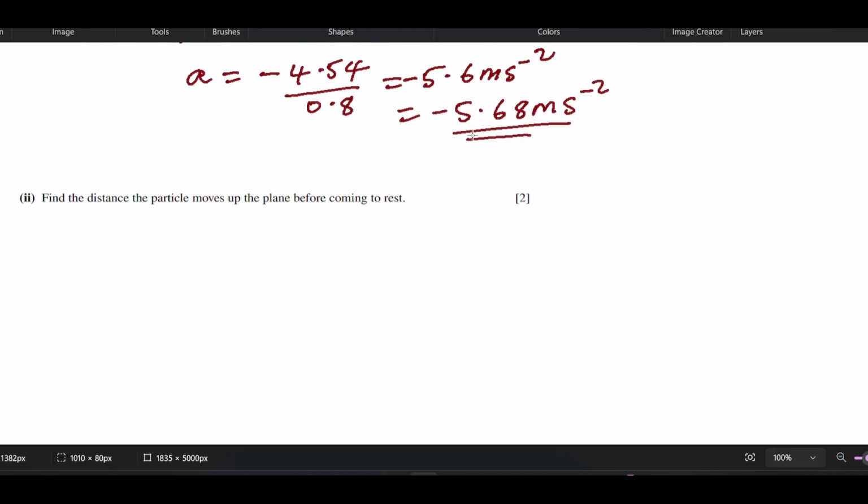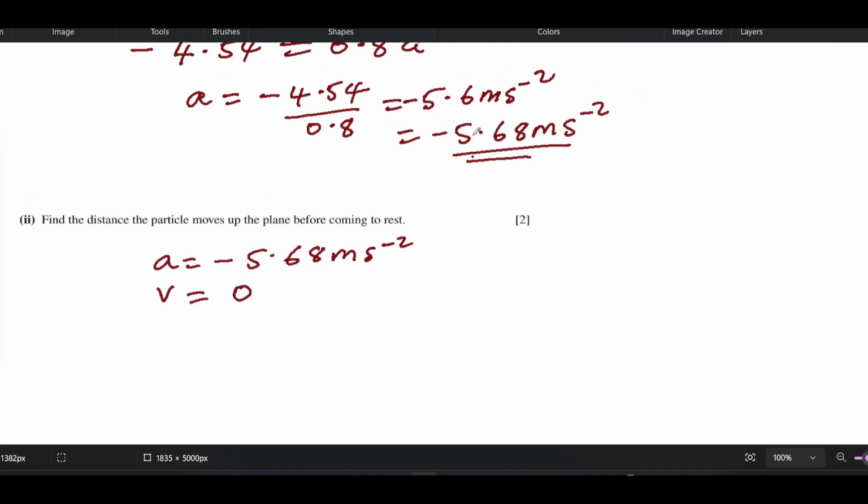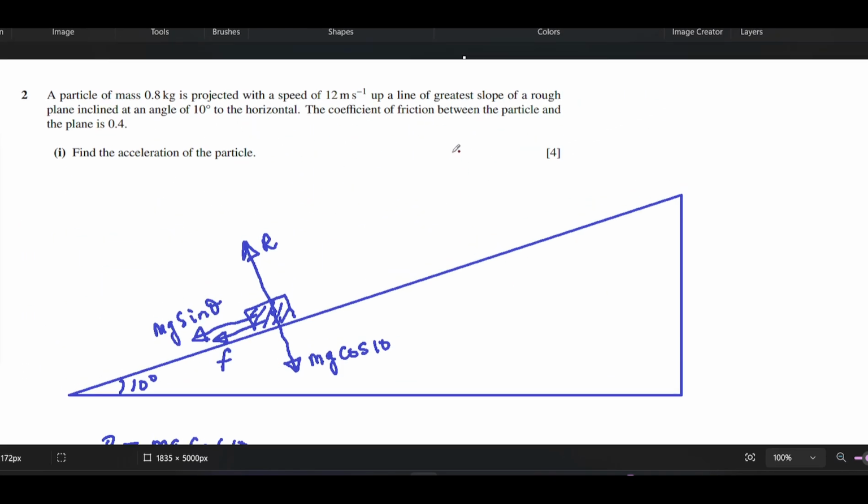So if we take what we know from the first part of the question, we know that the acceleration is minus 5.68 meters per second squared. We know that the final velocity is going to be 0. We know that the initial velocity with which the particle was launched, as given in the question, was 12 meters per second.